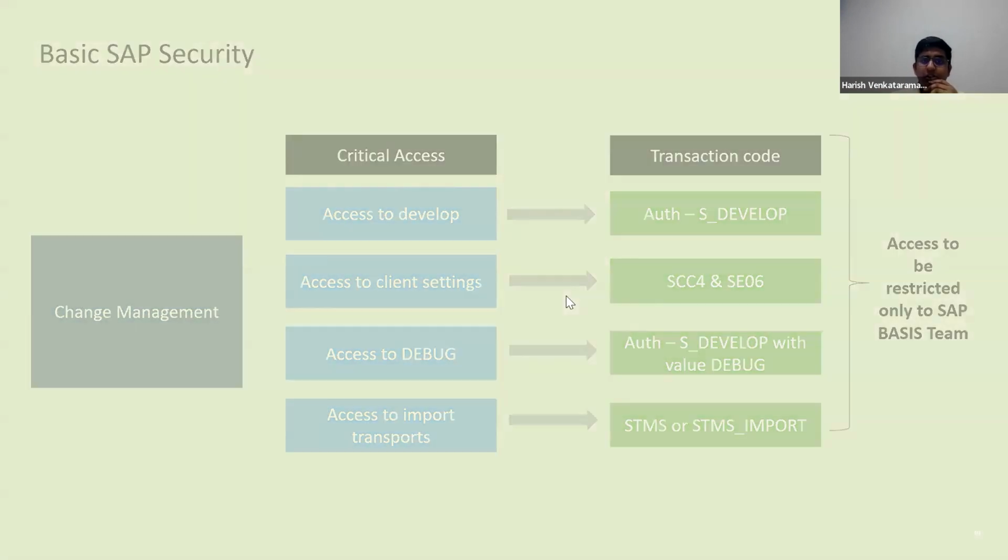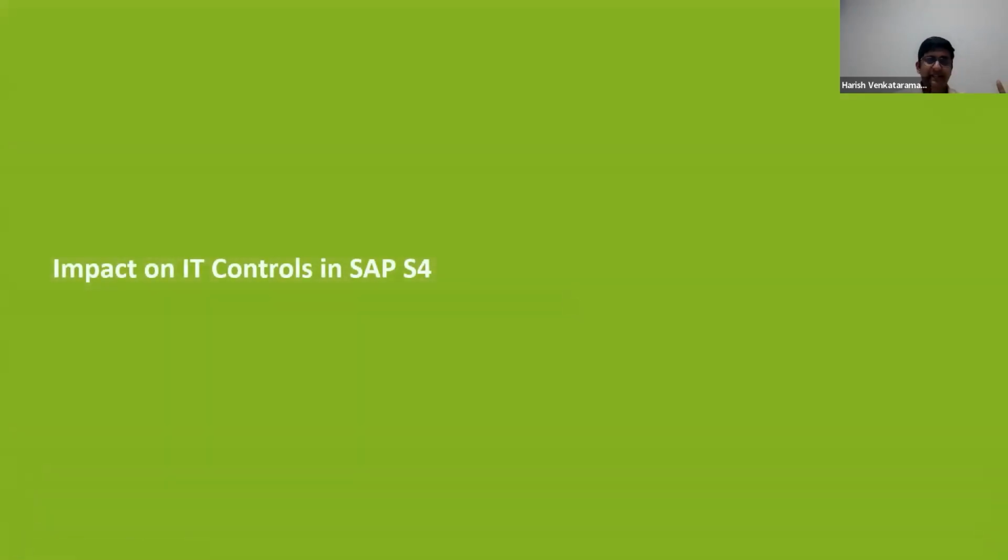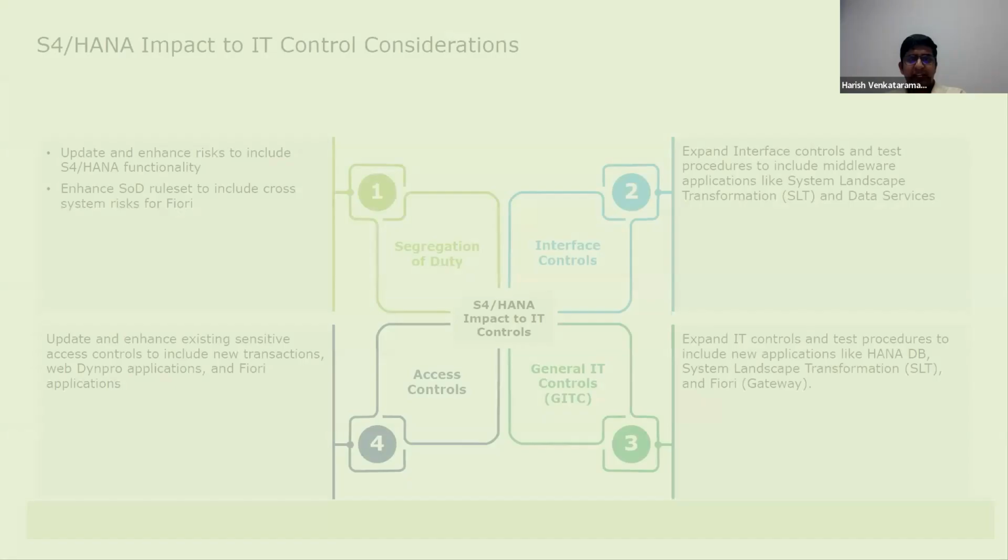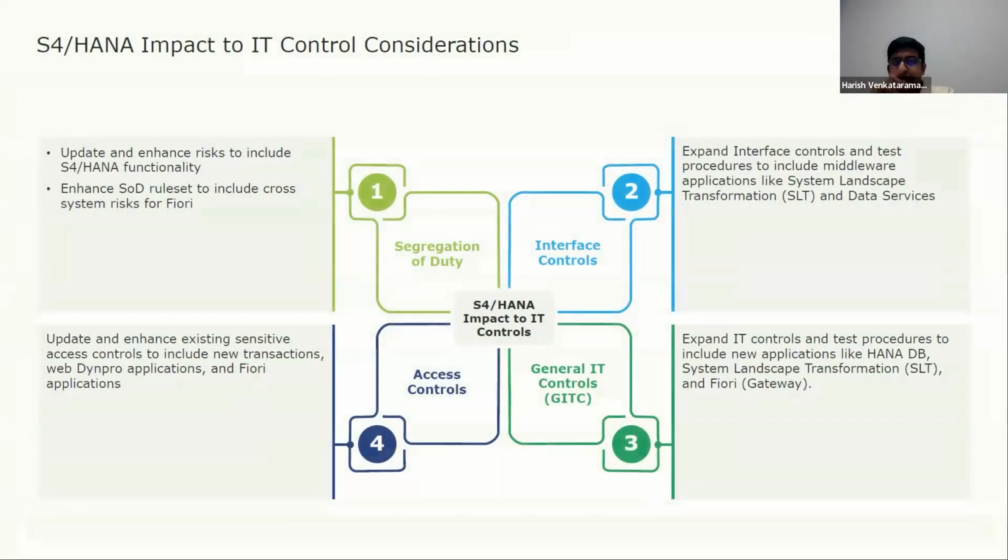And moving on to the next one, how does SAP S/4 again... We have looked at the impact or changes in SAP S/4 in the business process, but how far have these controls been impacted as far as the IT controls are concerned, right? Now, when we look at the IT controls, the first and foremost is the introduction of Fiori.